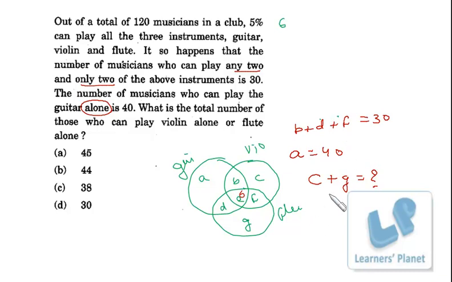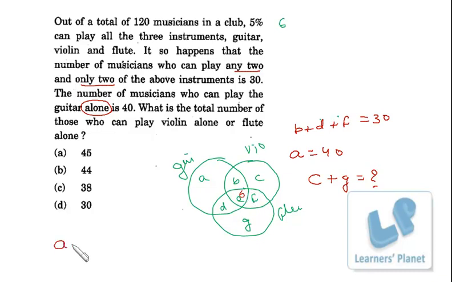Now once we know this information, the problem is very simple. The total of all the 7 variables is 120, right? A plus B plus C plus D plus E plus F plus G is 120. Out of this, B plus D plus F is 30, A is 40, E is 6.